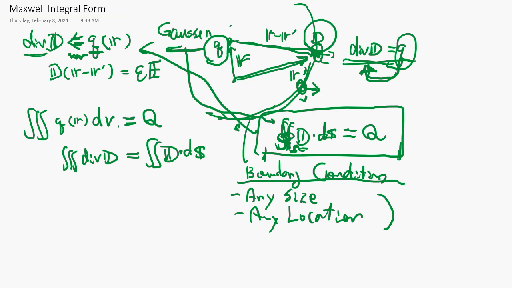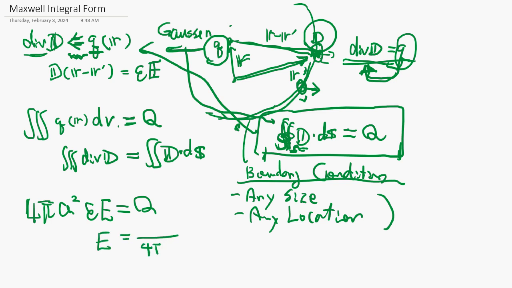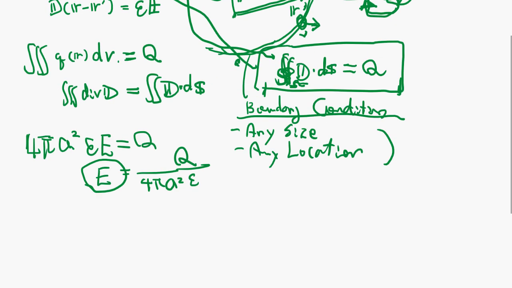So for this one, if it's a sphere, 4 pi A squared epsilon E becomes Q, so E becomes Q over 4 pi A squared epsilon. Now, do you remember that we talked about potential?